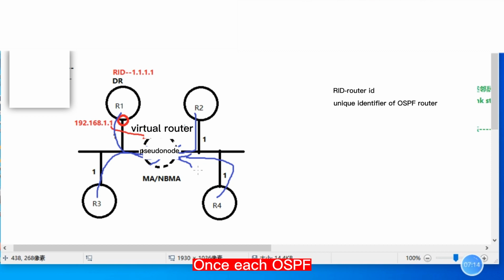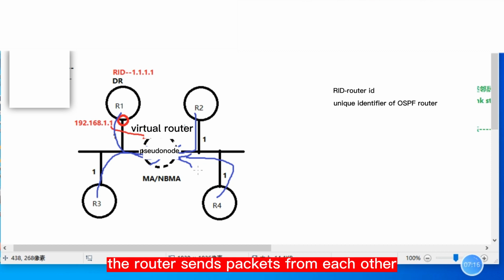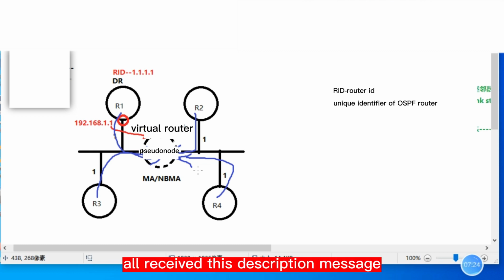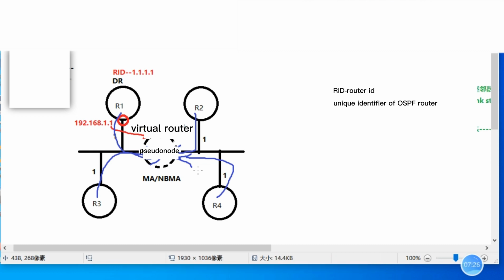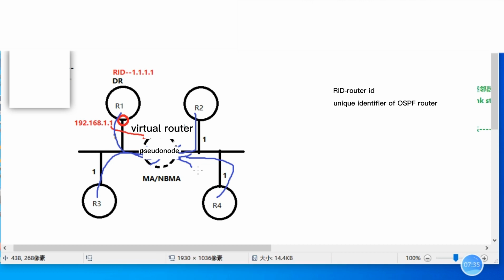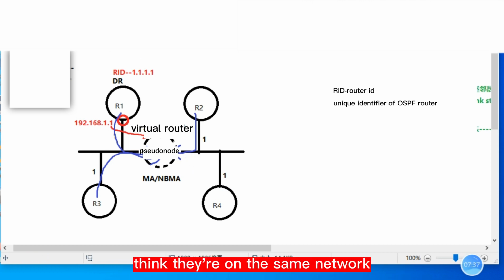Once each OSPF router sends packets to each other, let's say R1 has 3 neighbors, R2, R3, and R4. All received this description message, and they all found they were connected to the virtual router in the middle. At this point, R1 is going to think they're on the same network.